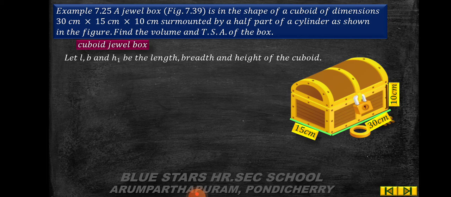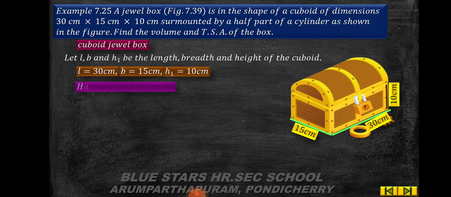Measurement is given. So the cuboid is of the dimensions 30 cm into 15 cm into 10 cm. So the length of the jewel box is 30 cm and breadth of the jewel box is 15 cm and height of the jewel box is 10 cm.